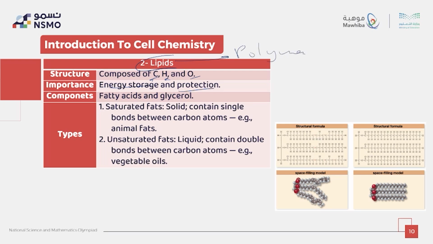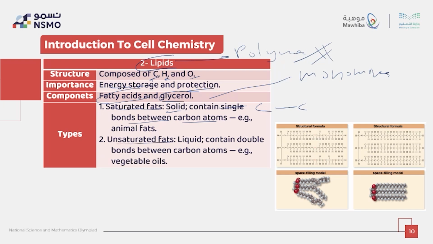And polymers, if we need to break them down, will change to something called monomers. And the monomers of lipids are two things. What are they? The fatty acids and glycerol. Lipids have two types. Saturated fats are solid and contain single bonds between carbons, so always single bonds.